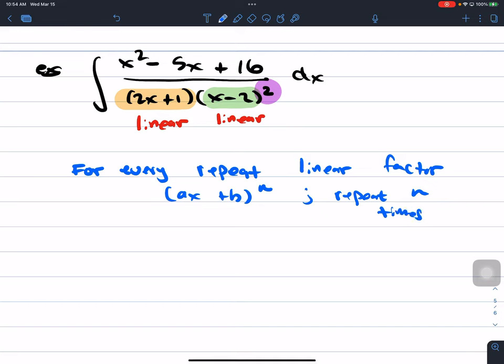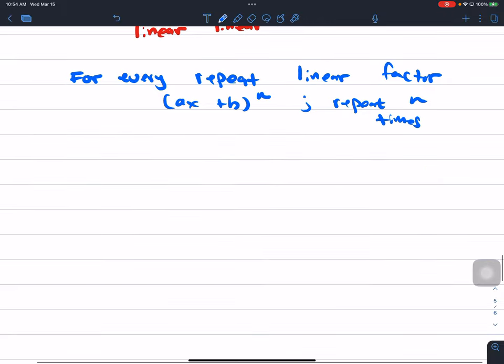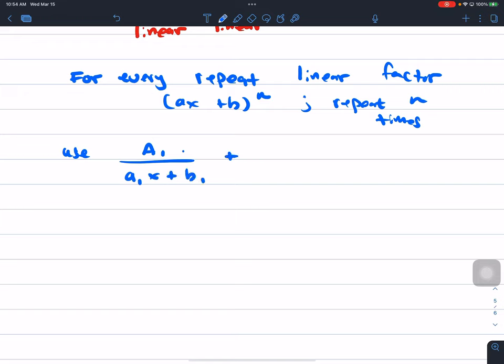You're going to use as a denominator this system: A1x plus B1, plus A2x plus B2, now it's squared.